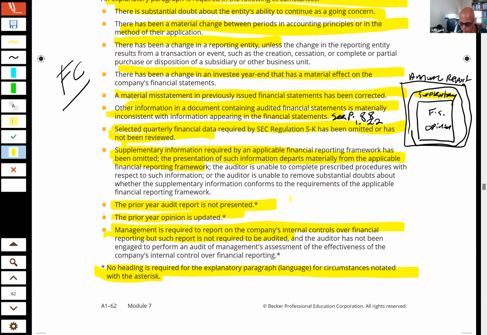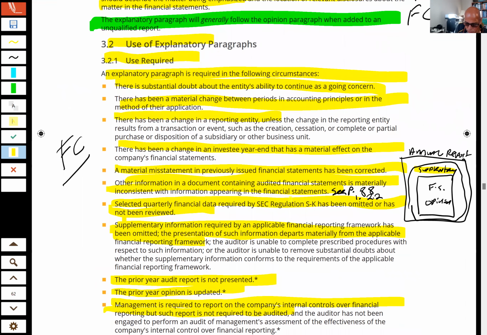I think the more common thing would be, right here, a change in accounting principle or maybe a change in accounting entity. Yeah, those things happen in regular business operations. These other things are, in my opinion, like people not doing what they're supposed to be doing, and we have to start including the explanatory paragraph. But the CPA exam, even though it's a professional exam, is to a large extent an academic exercise. And so all these other things do come into play. So you're gonna have to flashcard all that.